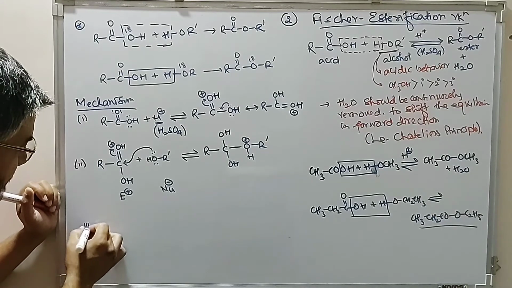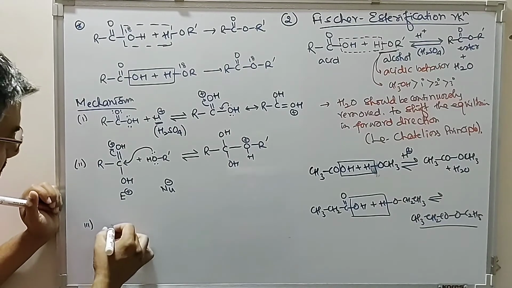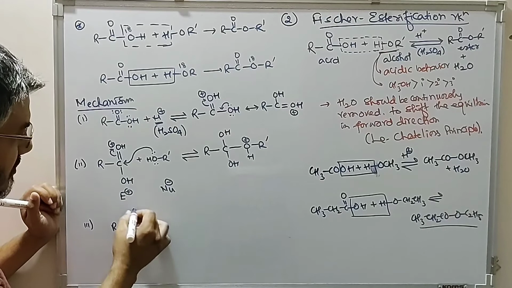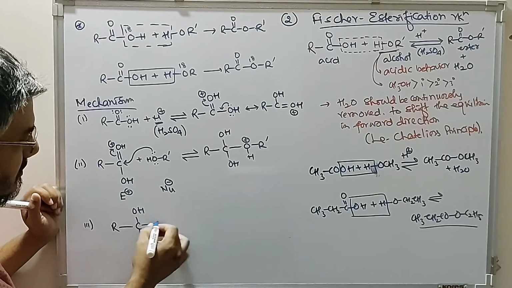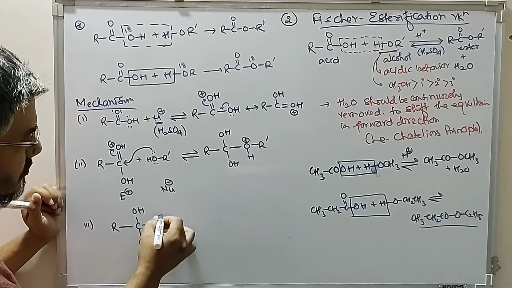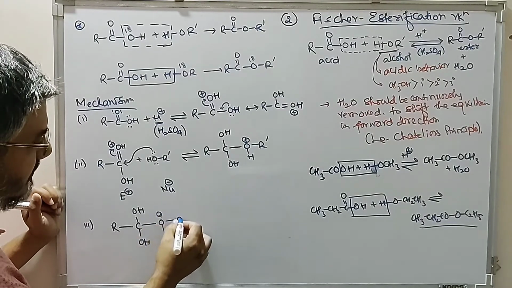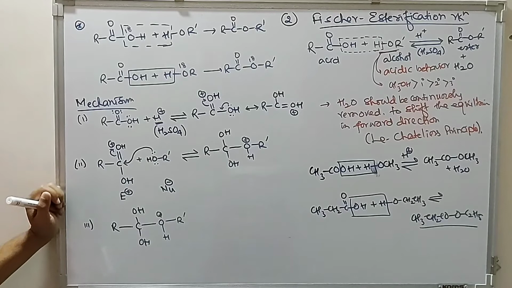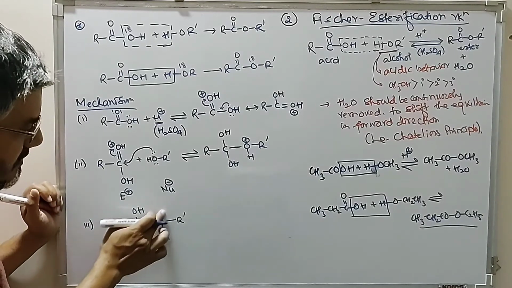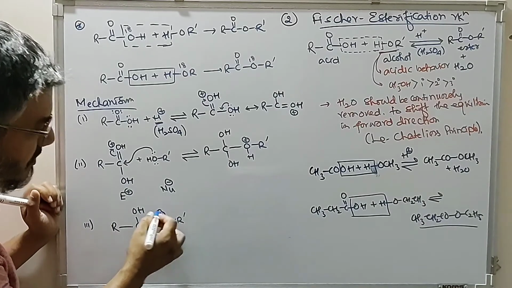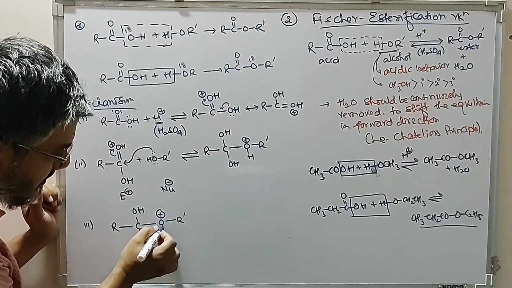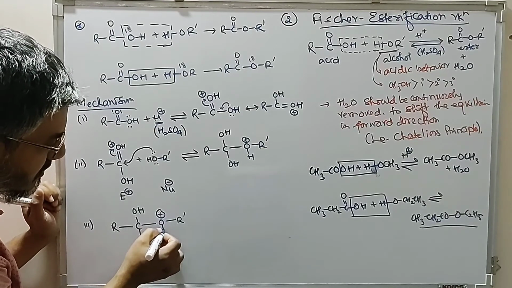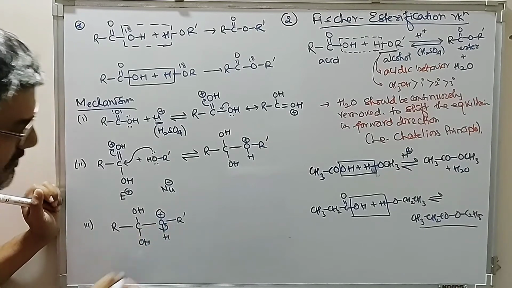And in the third step of this reaction, look at this, RC OH OH OH positive R prime. Now look at this oxygen being positively polarized, this is a very strong electron withdrawing group, and this electron is withdrawn by oxygen.